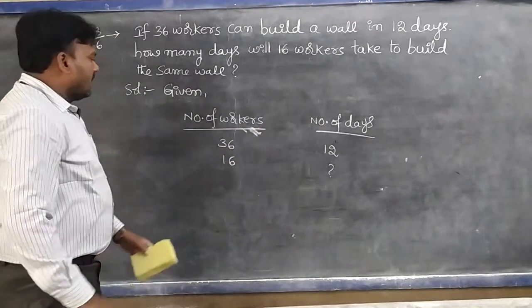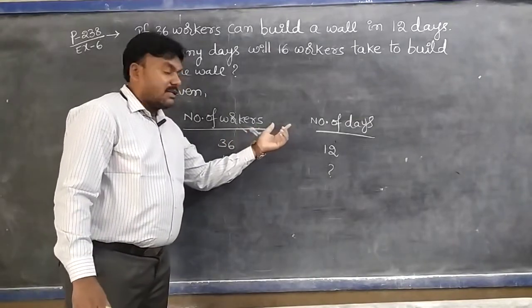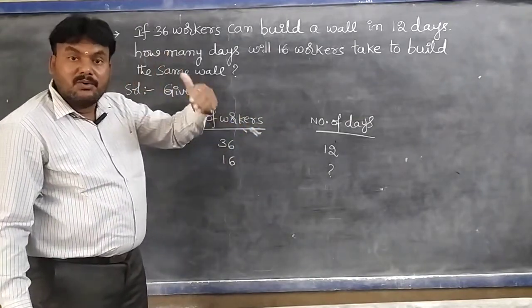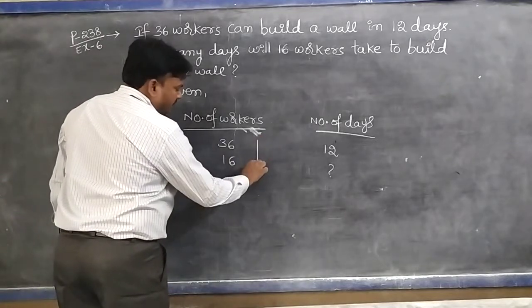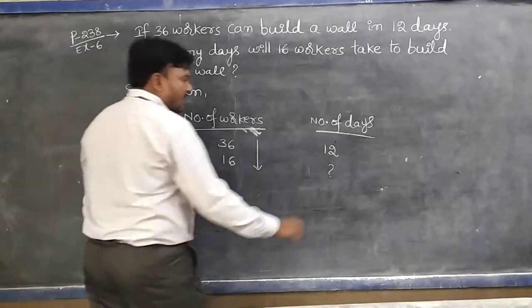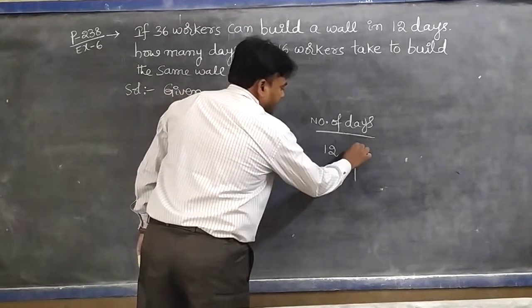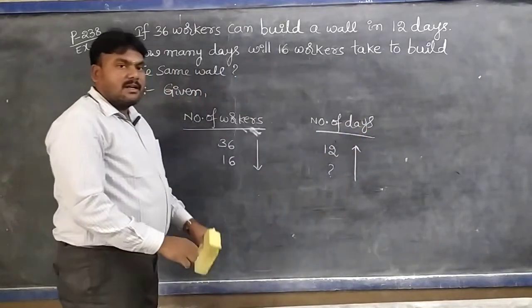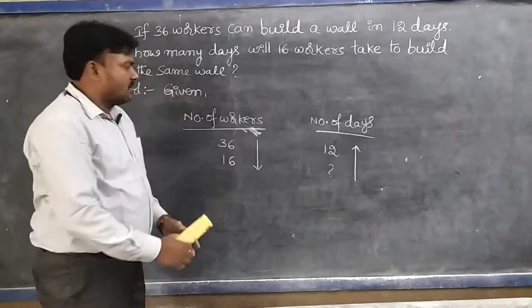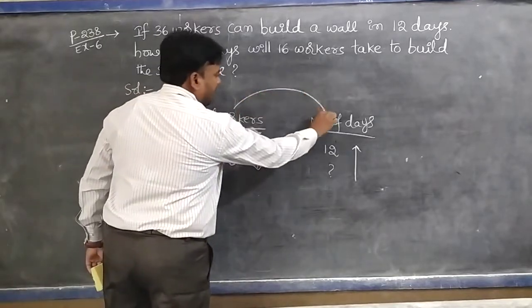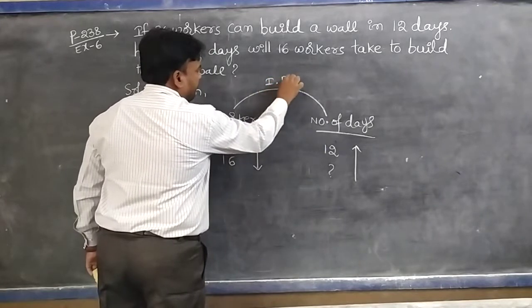We know that the number of workers and number of days are inversely proportional to each other. Here observe, workers decrease or not? Workers decrease, automatically days increase. Observe the arrows, both are in inverse direction. So both quantities are in inverse proportion.